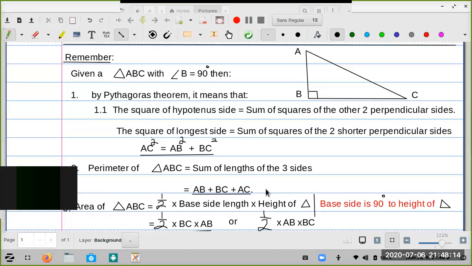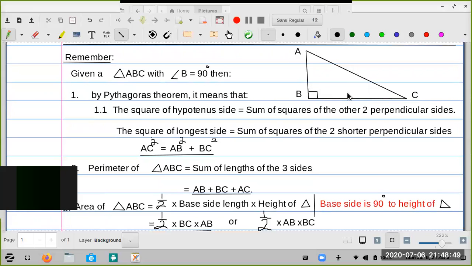Right. Instead of saying base side is BC and the height is AB, someone can say, fine, my base is what? AB. Like I was saying, it's not always the case that the base is on the horizontal side or at the bottom, right? So someone can take AB to be the base side. Why? Because it is perpendicular to BC. So AB becomes the base and BC becomes the height of the triangle, right?